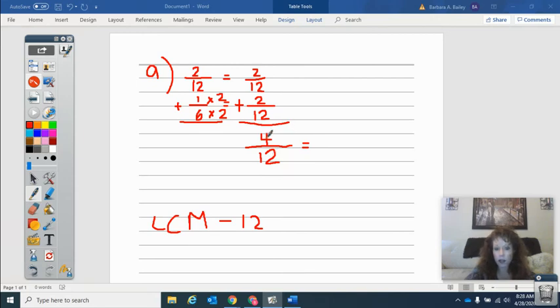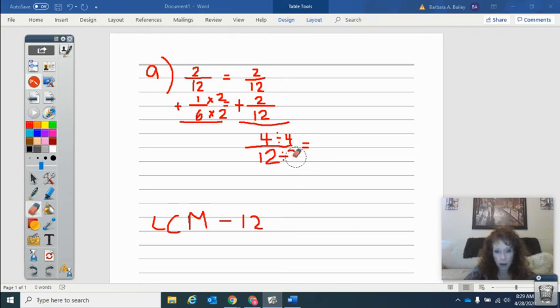So what number goes into 4 that also goes into 12? Well, we want the greatest common factor. The biggest common factor would be 4. 4 can be divided into 4 evenly, and 4 can be divided into 12 evenly.